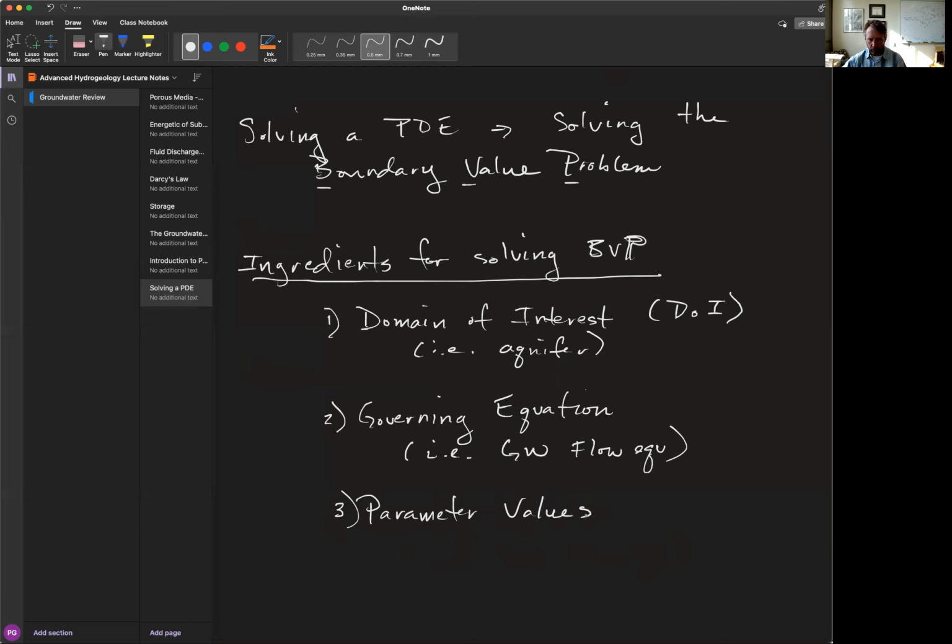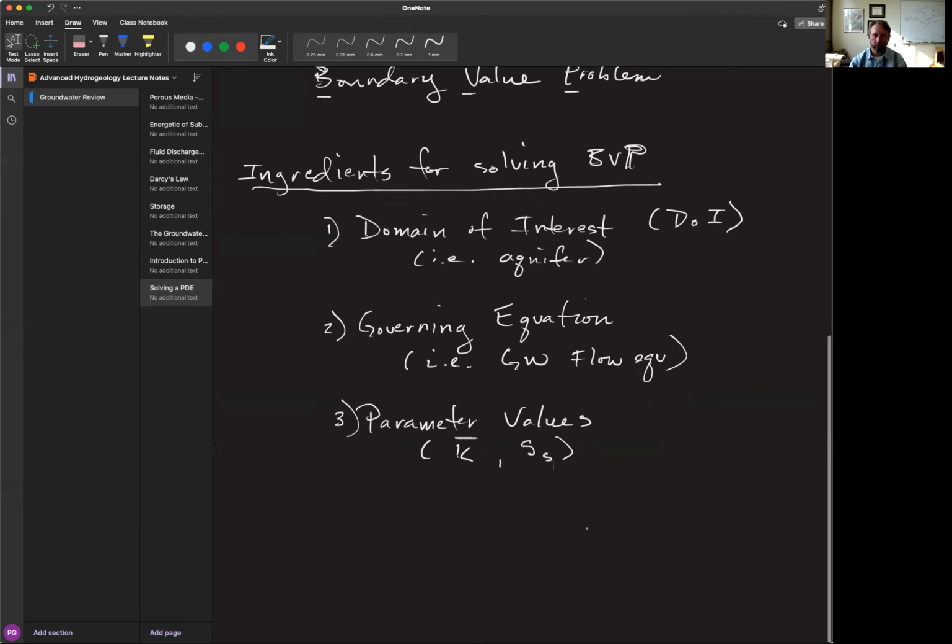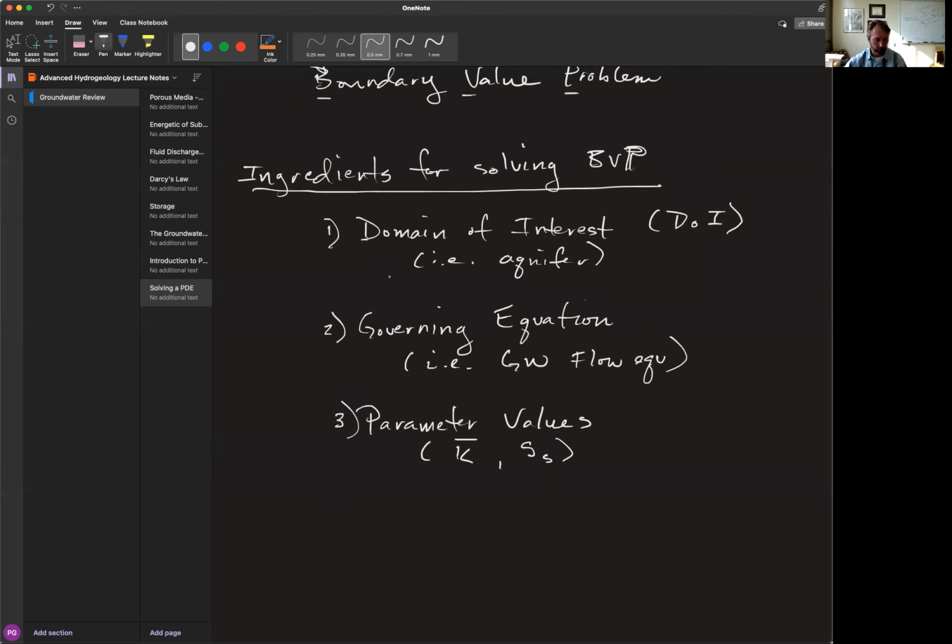In groundwater modeling, we can usually come up with the governing equations, we know the physics pretty well, and we usually know our domain of interest pretty well, but we really start to get into problems with the parameters. So K and Ss, the hydraulic conductivity and storativity, how those vary in space and in time are unknown. Big unknowns, but we need those.